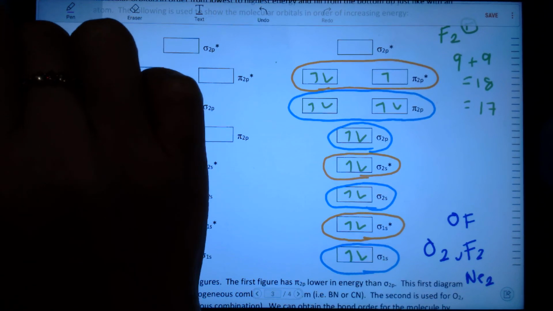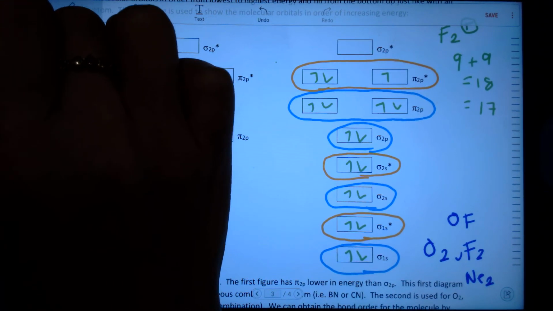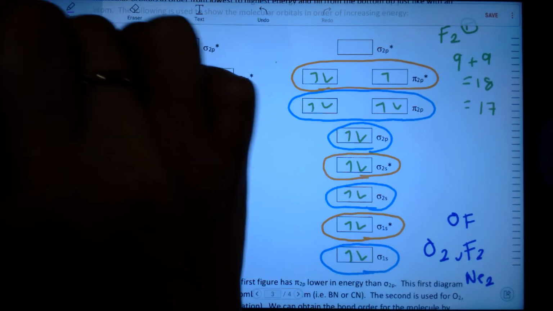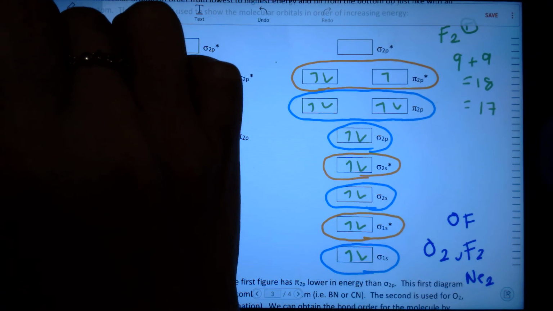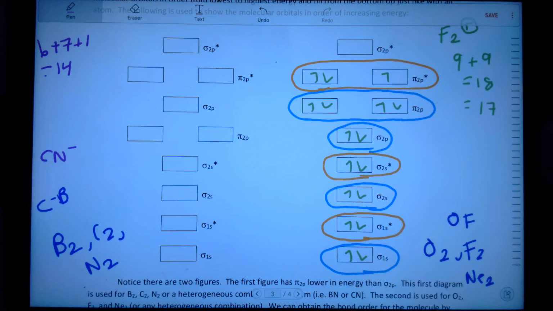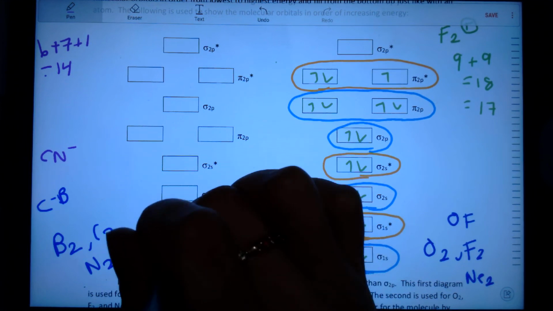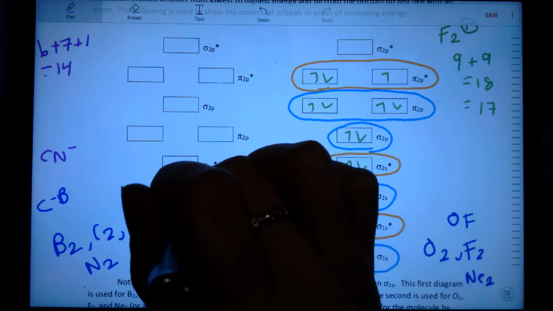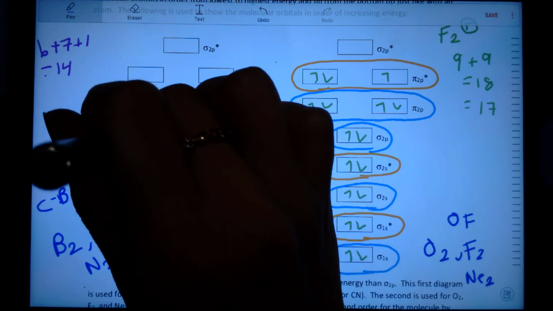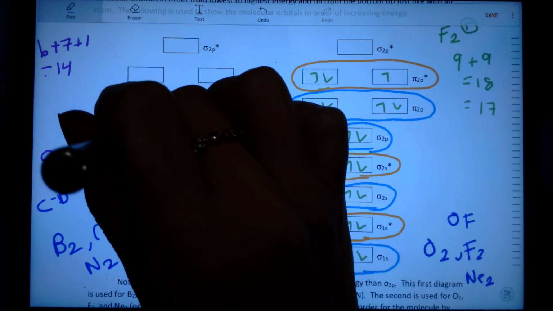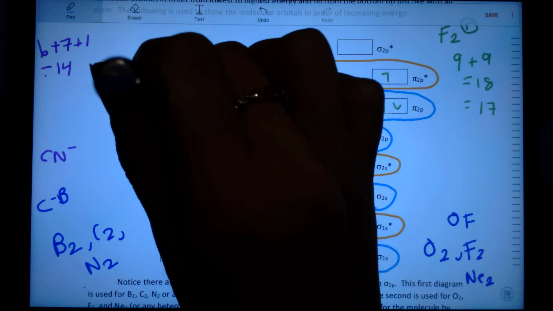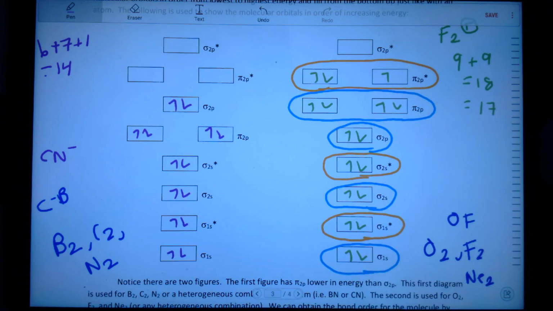So we get 6 plus 7 plus 1, which gives us 14. So we have 14 total electrons for CN minus. So we get 1, 2, 3, 4, 5, 6, 7, 8, 9, 10, 11, 12, 13, 14.